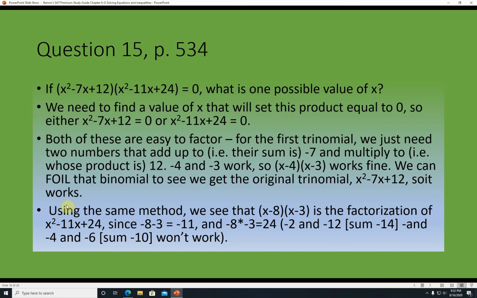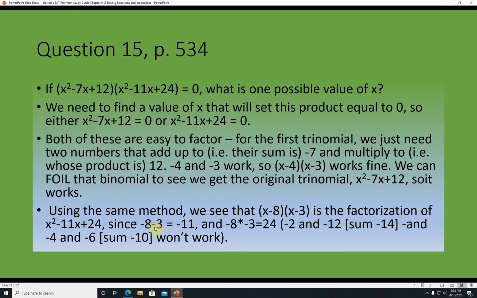Anyway, using the same method, we see that x minus 8 times x minus 3 is a factorization of x squared minus 11x plus 24, because negative 8 minus 3 is negative 11, so the x coefficients work, and then negative 8 times negative 3 is 24. Or sorry, negative 8 minus 3, not negative 8 minus negative 3.